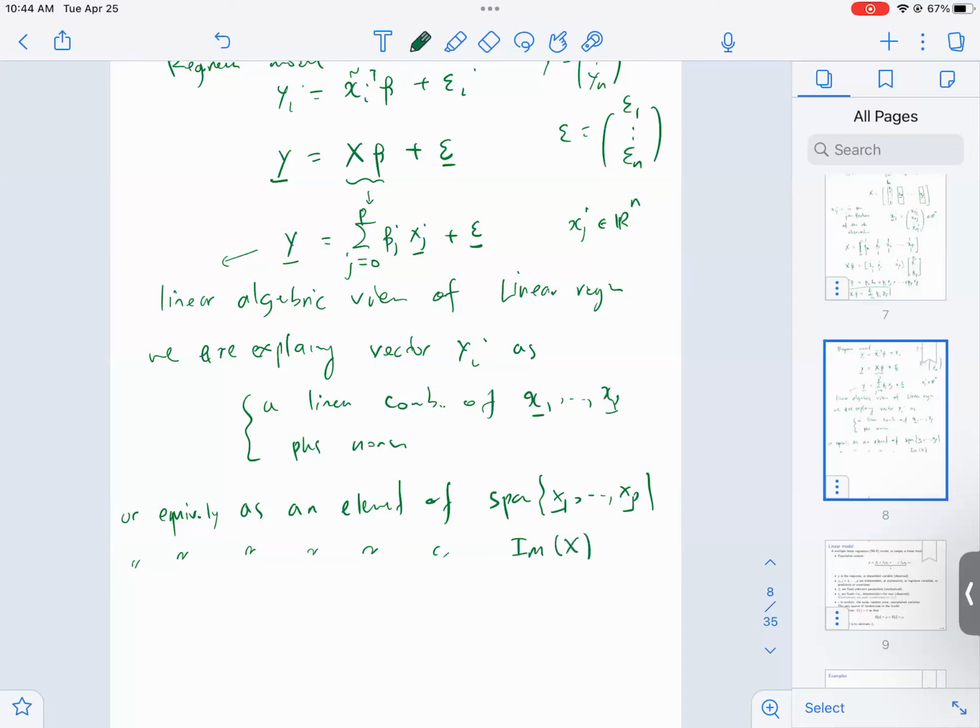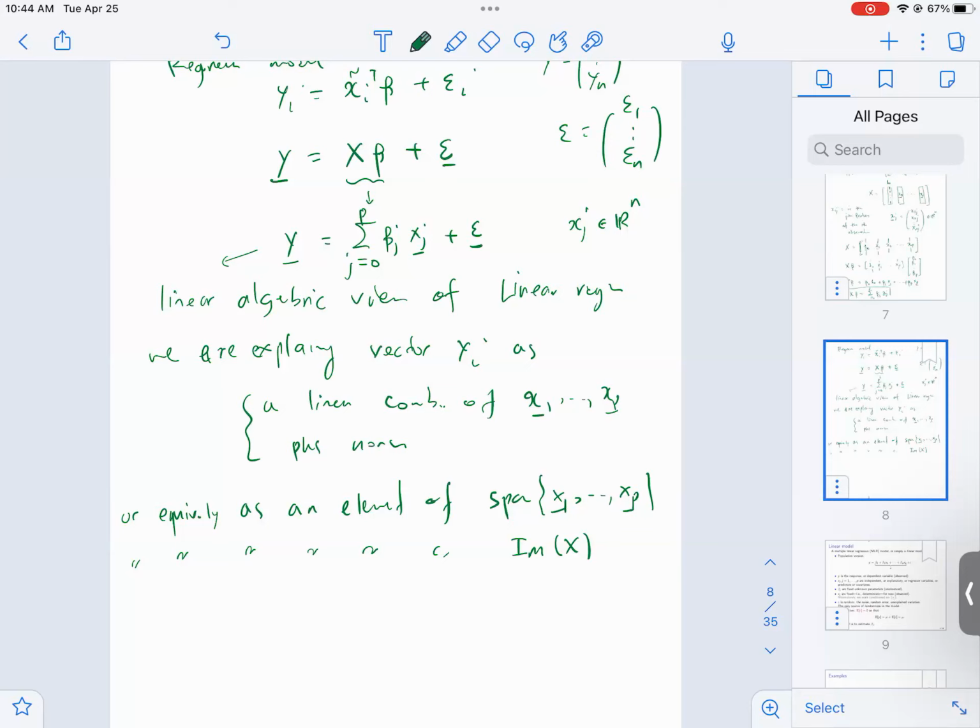The image of the x matrix is the set of all linear combinations of its columns. So what we're doing is trying to explain y with an element from the image. The image of x is our model in this abstract view.